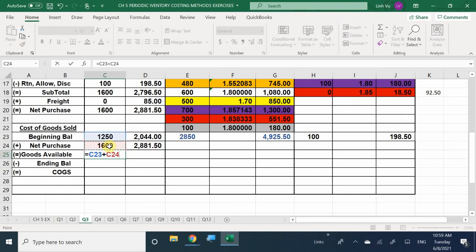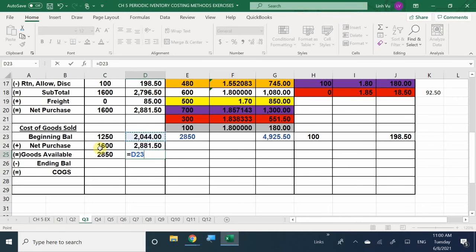So in this case, what is my total goods available? 1,600 plus my beginning balance of $12.50. So $28.50. Good. All right.